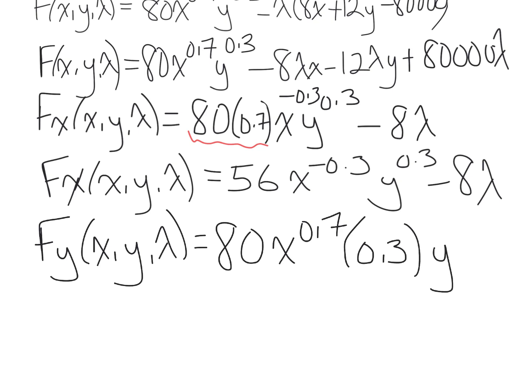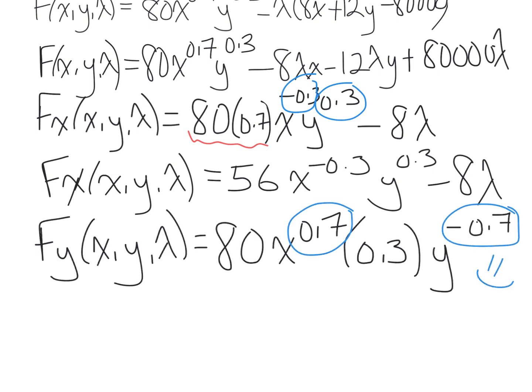And I have y to the 0.3 minus 1, minus 0.7. And you're going to notice a pattern. Math is about finding patterns, right? Look at that. Minus 0.3, positive 0.3, positive 0.7, minus 0.7. Yeah, that's cool. It's like a bit of magic right there.